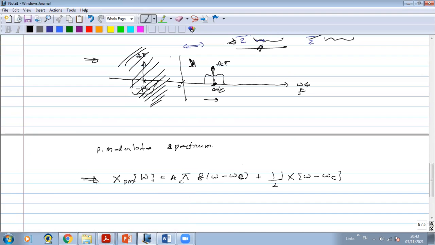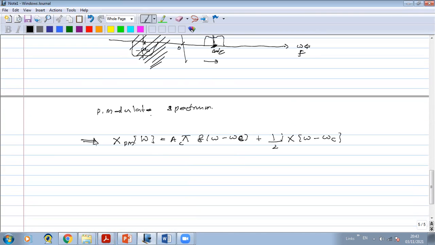You can write this in terms of f. You know that omega is equal to 2 pi f. You can write this in terms of f, but you can't directly apply the 2 pi f here because this is inside the function, so you have to bring it out at the beginning.